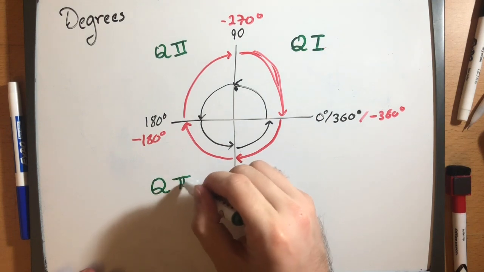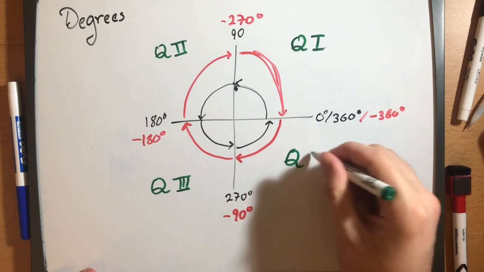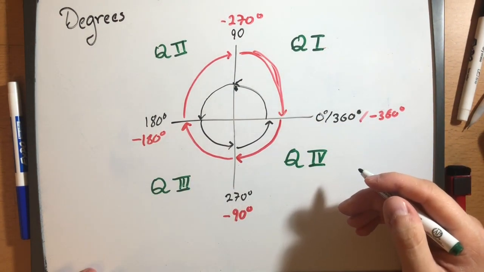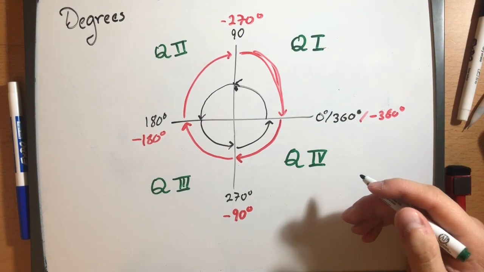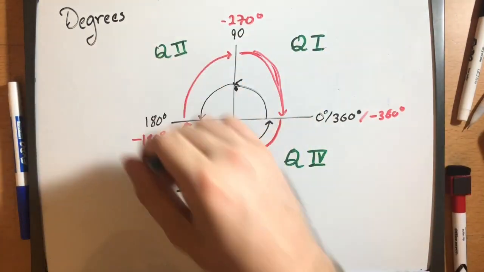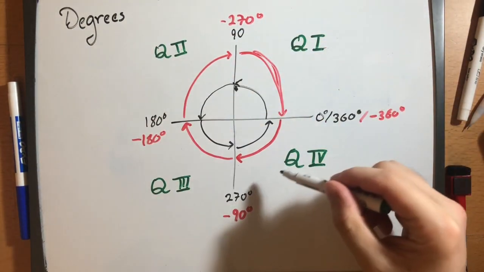Quadrant 3 is the bottom left quadrant, and quadrant 4 is the bottom right quadrant. Think of it as creating a C shape, starting from quadrant 1 to quadrant 4.